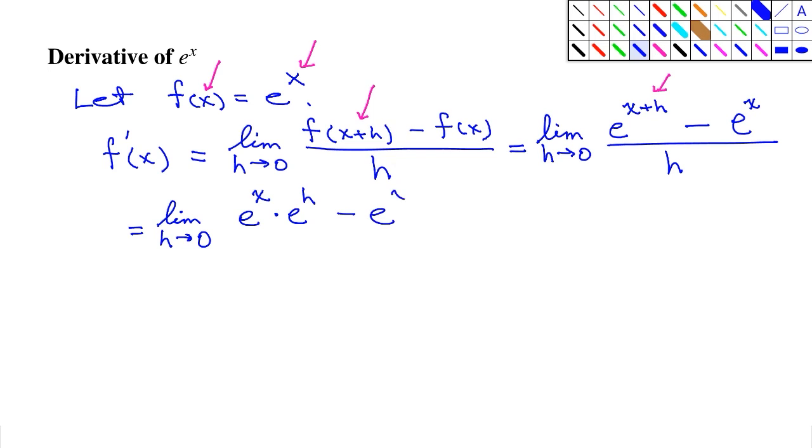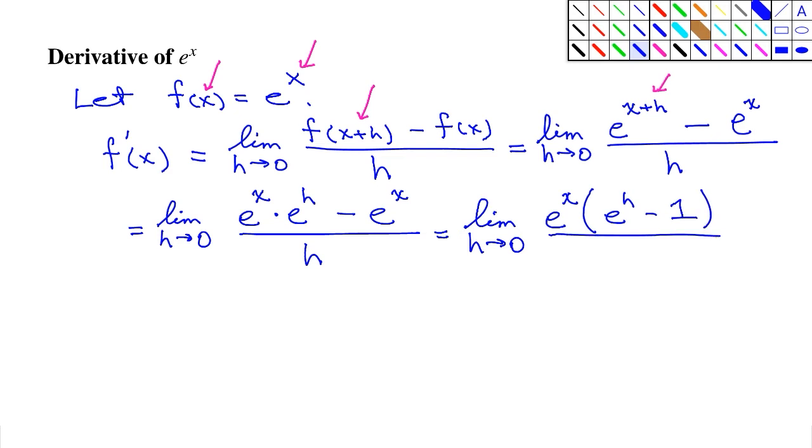And you can verify that by double checking and resimplifying those terms on the left. You would get the sum there. Now I'm going to factor out e to the x. And that gives me e to the x times e to the h minus 1 over h.